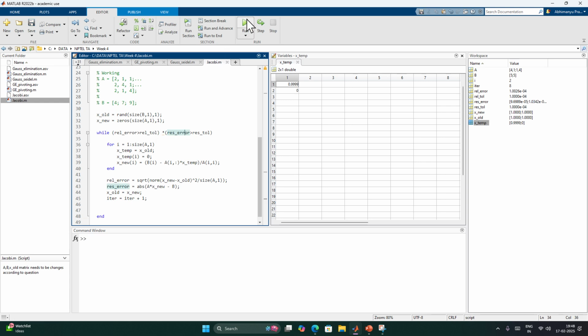That should work. So instead of and, I'm just doing multiplication. So when both of these conditions are true, then only this whole multiplication would become 1. Otherwise, it will be 0 if any of these conditions is not satisfied.